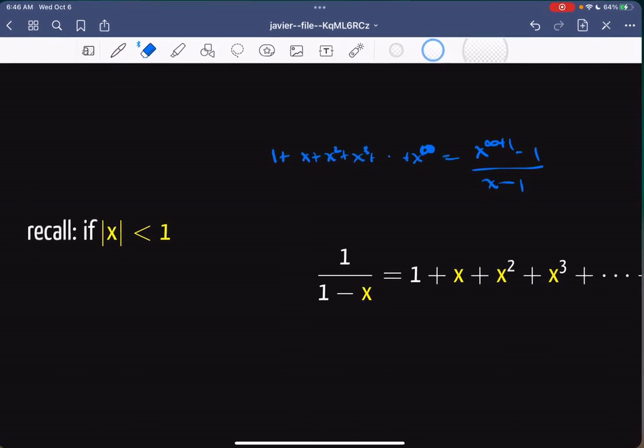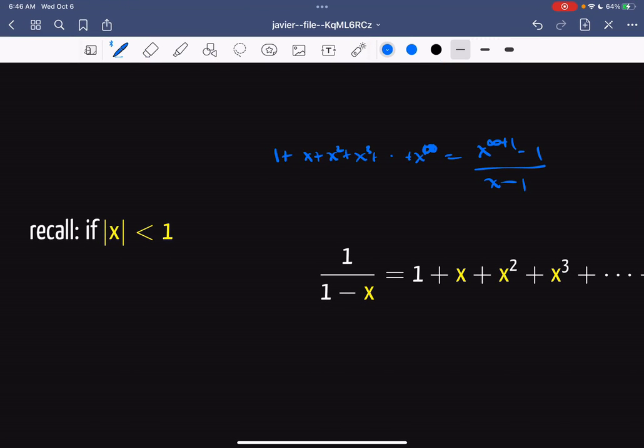So if, for example, the absolute value of x is greater than 1, or let's just take the easier case, the other case is even more problematic.